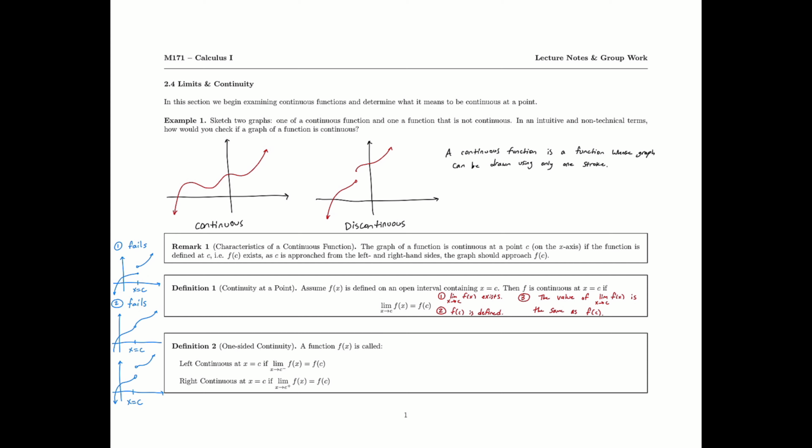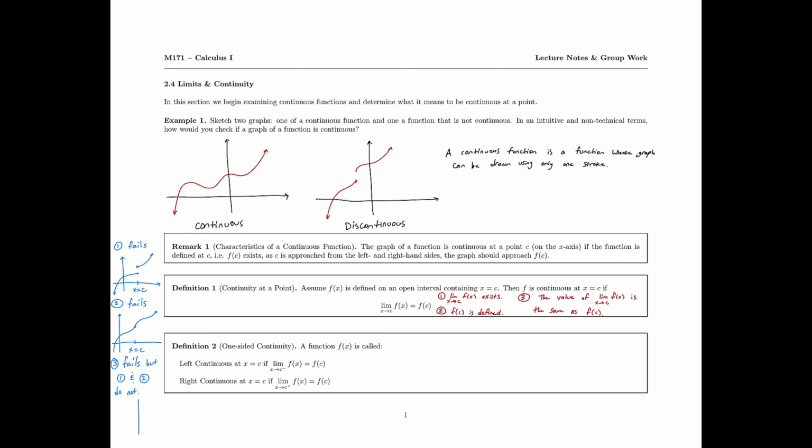Okay? Now, there is another thing here, which is number 3 failing. So let me get rid of this for a second. Let's do number 3 fails. Number 3 fails, but 1 and 2 do not. So what's that look like?